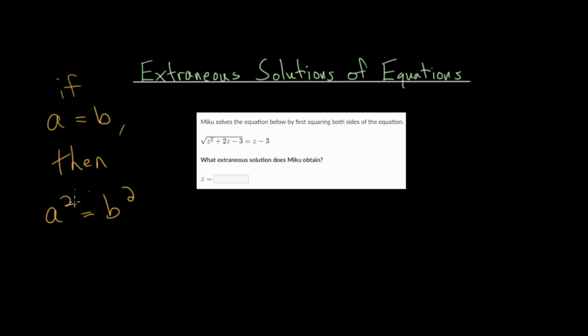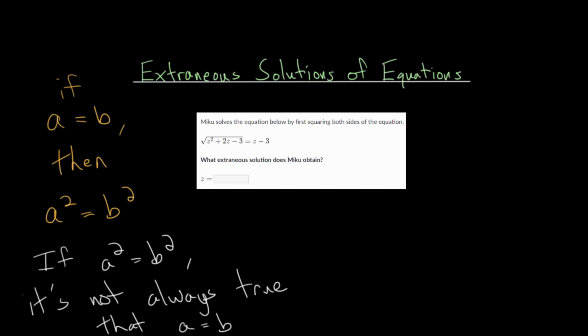But if we reverse this and say that if a squared equals b squared, it's not always true that a would be equal to b. In fact, sometimes a will be equal to the opposite of b, since when you square a negative number, the negatives cancel out and it becomes positive. So squaring negative b, for instance, would still give you b squared.